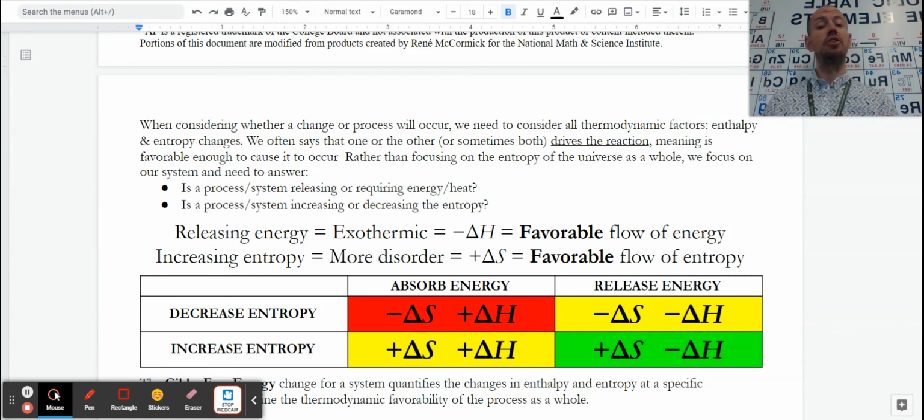So we say these could be favorable, and either the energy or the entropy would be driving the reaction. And rather than just looking at these as abstract things, we're going to look at specific ways to know exactly how favorable things are in terms of entropy and enthalpy in specific conditions.